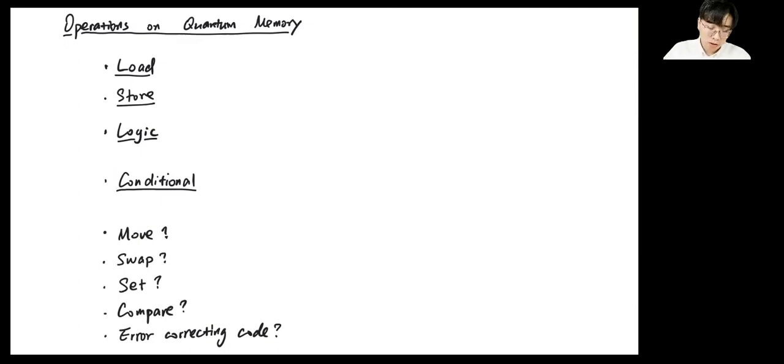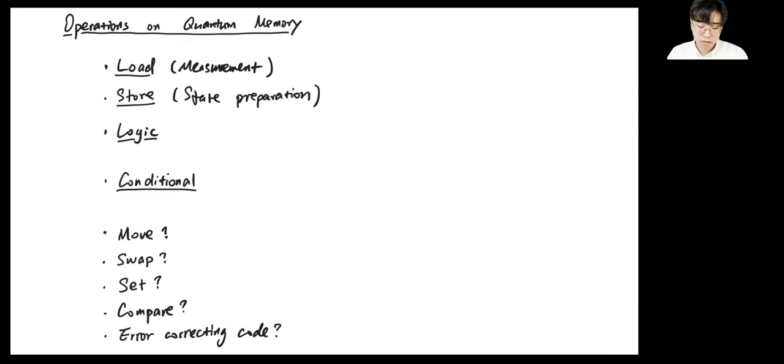Well, as we learned from last lecture, this is accomplished by the process called measurement, which very importantly could disturb a quantum state. And the analog of the store operation is state preparation, which gets the qubits into some specific states.